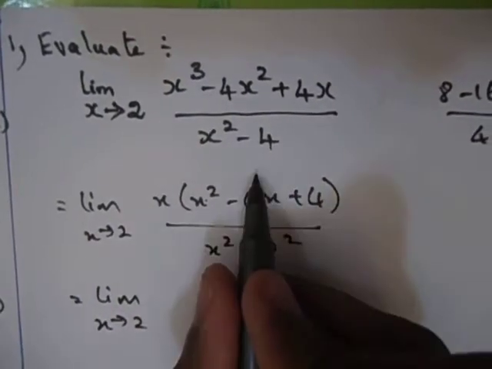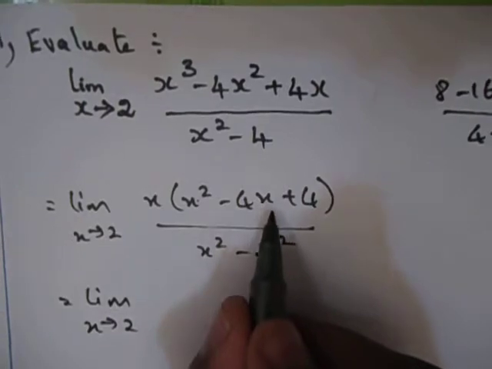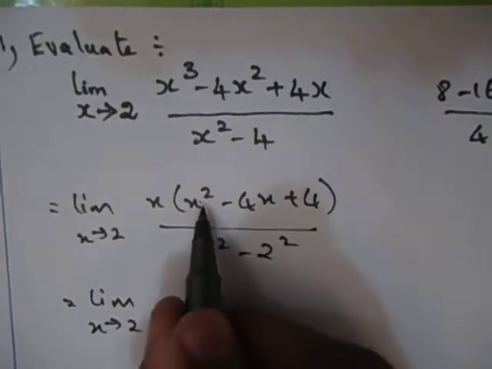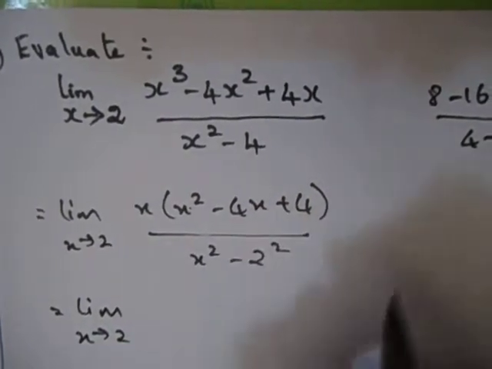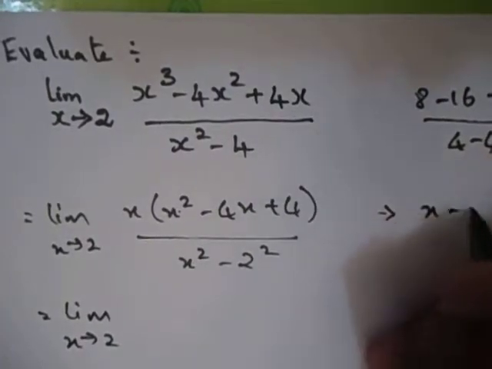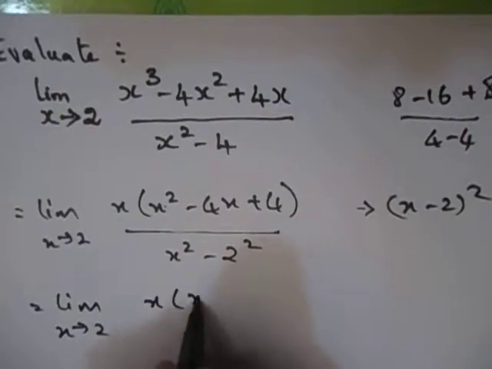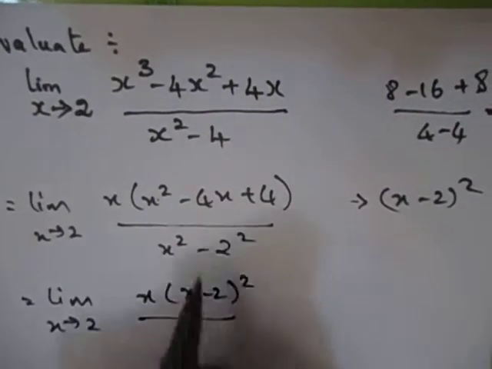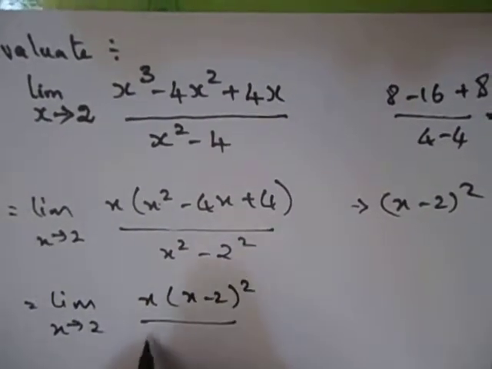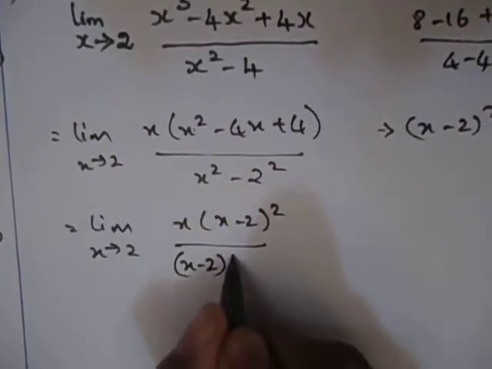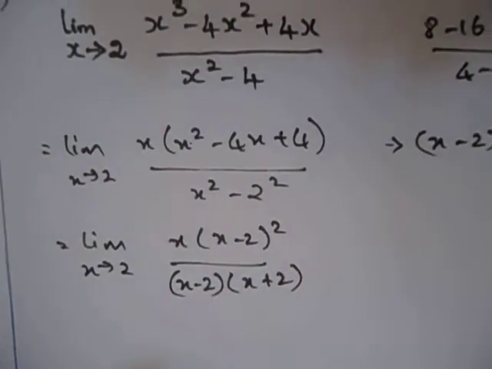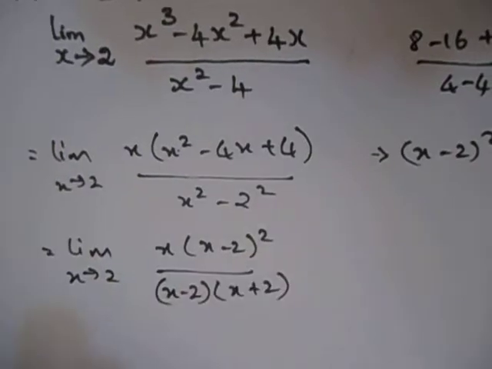This is of the form a squared minus 2ab plus b squared, where a is x and b is 2. So this is nothing but x minus 2 whole squared. So let's put that here. We get x into x minus 2 whole squared, and this is a squared minus b squared, so we know its factor should be x minus 2 into x plus 2. So we see that one x minus 2 gets cancelled.